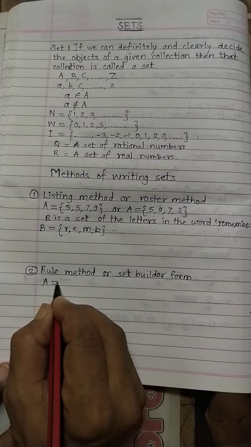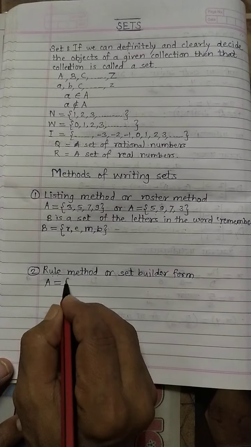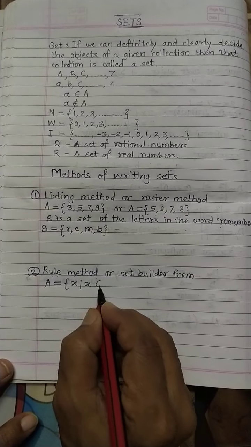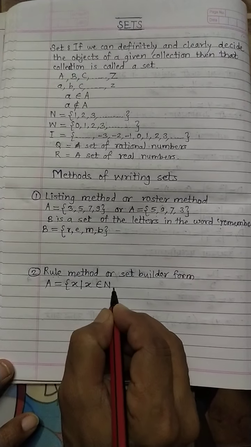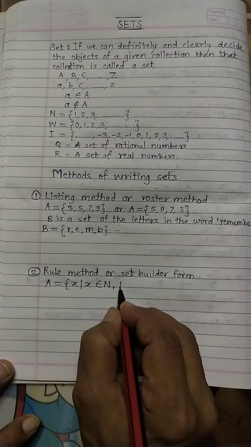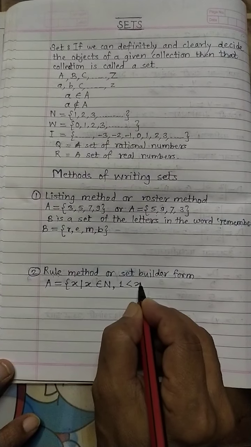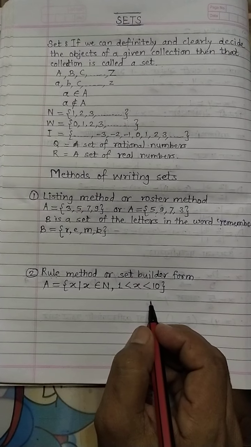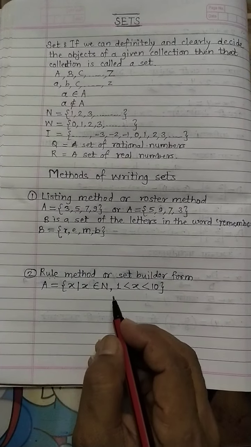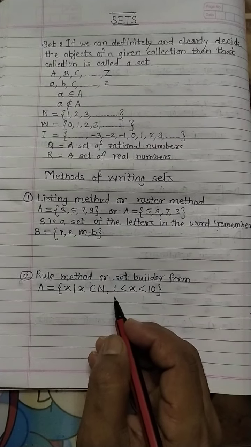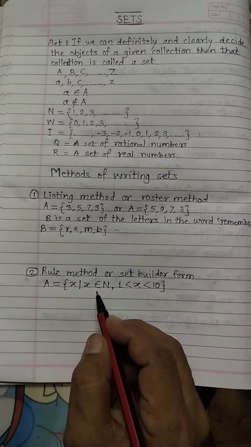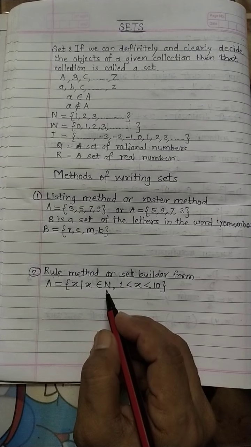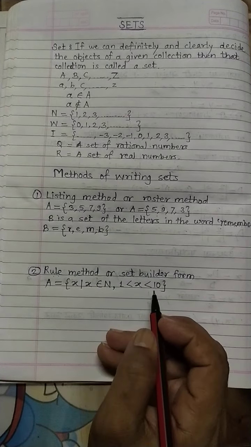See here, I am writing in this way. We can write set A, a set of natural numbers between 1 and 10.